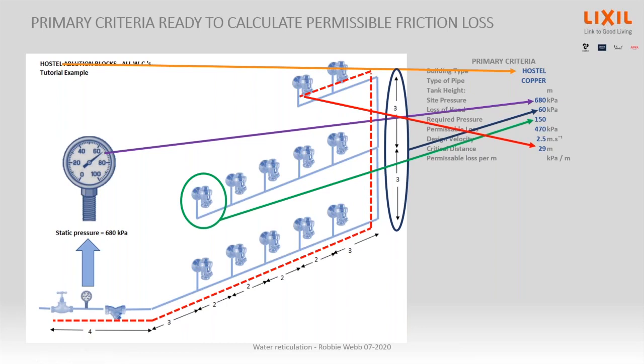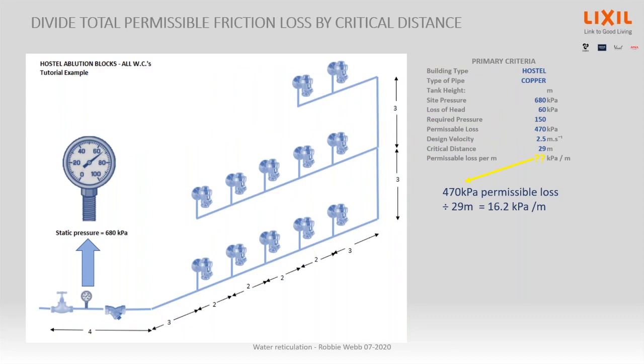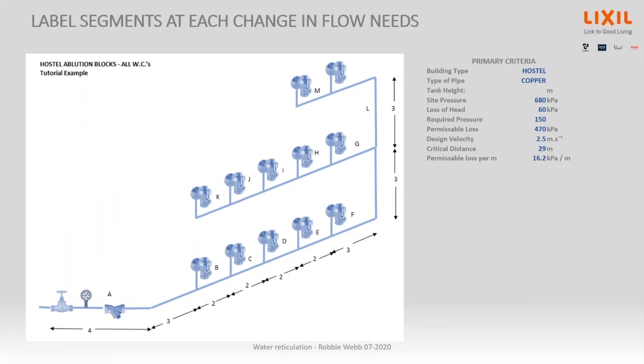And if we share that out amongst all 29 meters of the system, it tells us how many kPa per meter we can lose. Okay, so we can lose 470 divided by 29, which means we can afford to lose 16.2 kPa per meter.